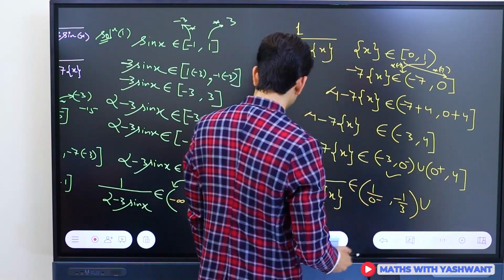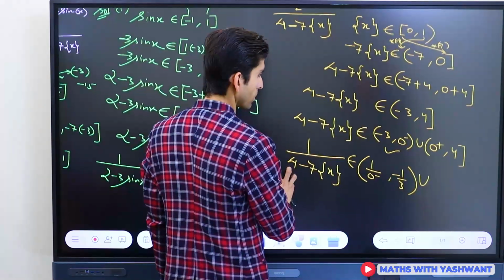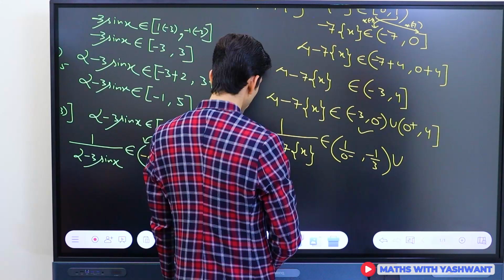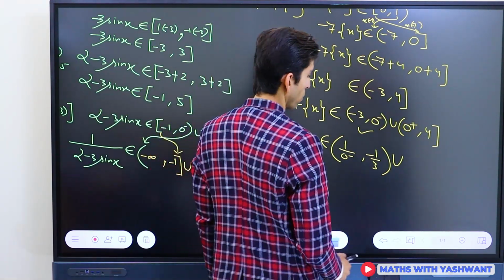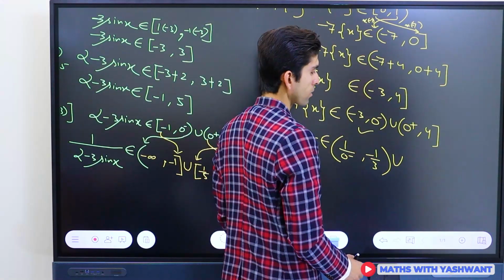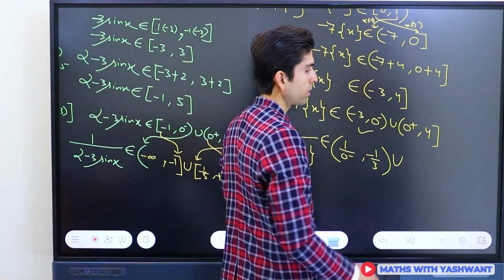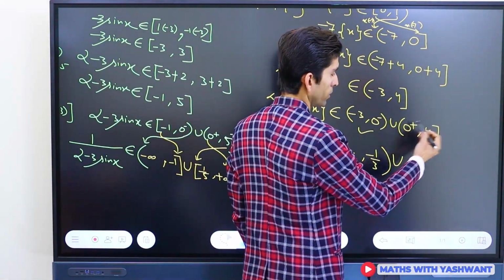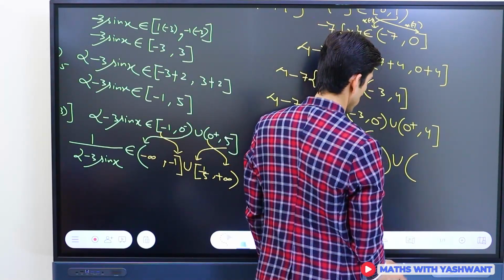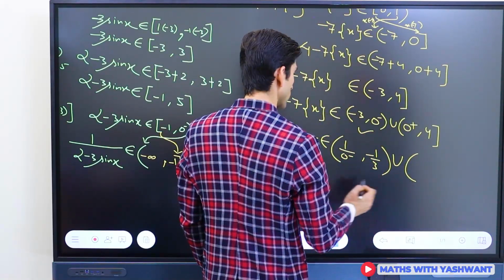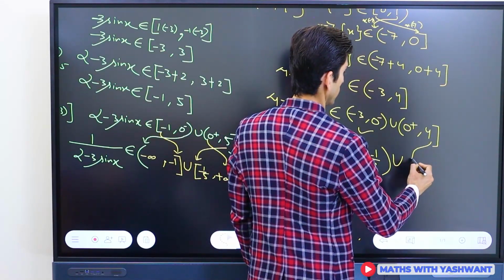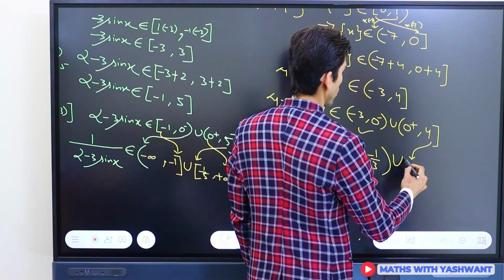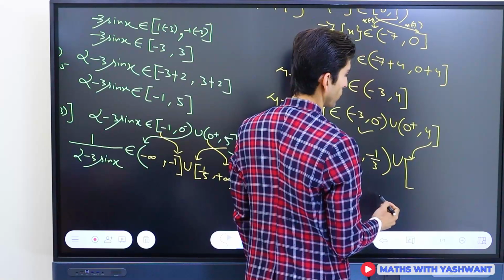And for the second interval, it's open from 0 and it's closed from 4. So while reversing the order of the boundary points after doing the reciprocal, you have to reverse the order of open and close as well. So we do the reciprocal of the right hand boundary point and we do the reversing.